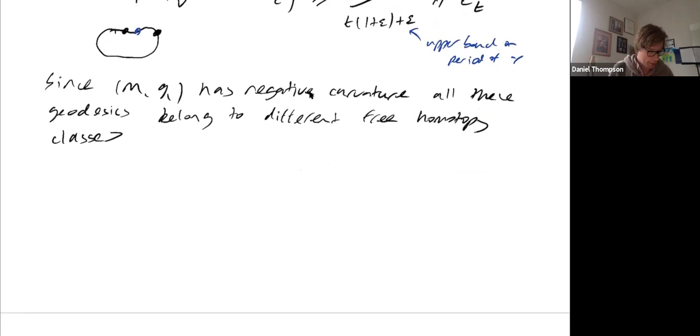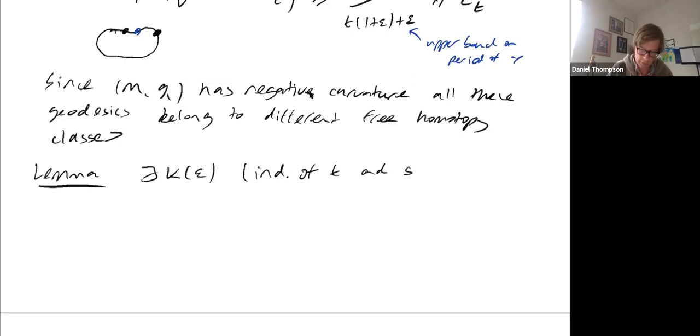Now we're really getting somewhere. Lemma: there exists a constant k epsilon, independent of t, and satisfies k epsilon goes to 0 as epsilon goes to 0.